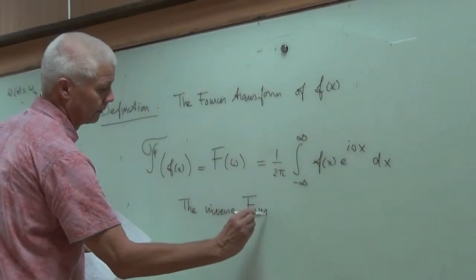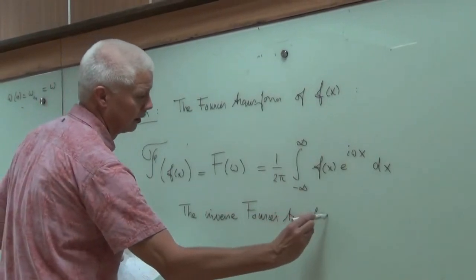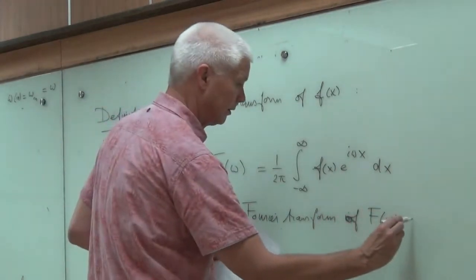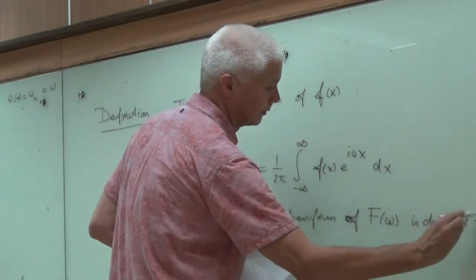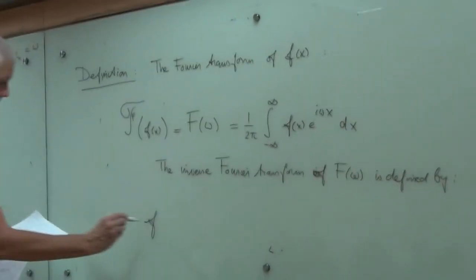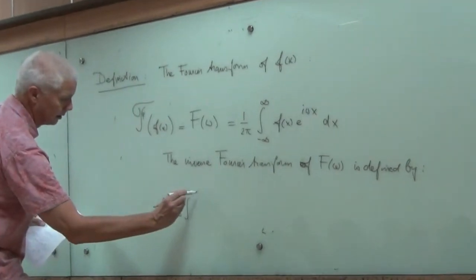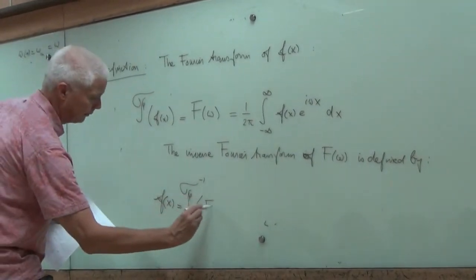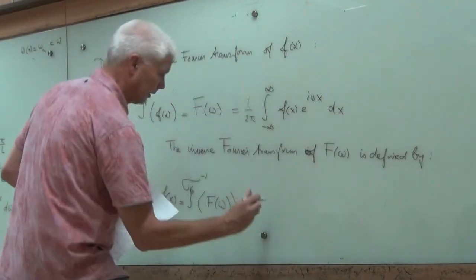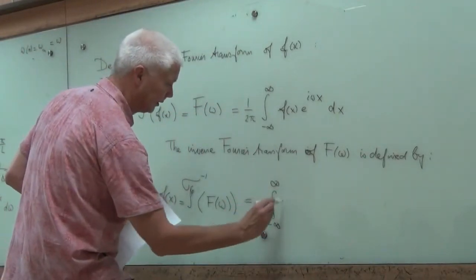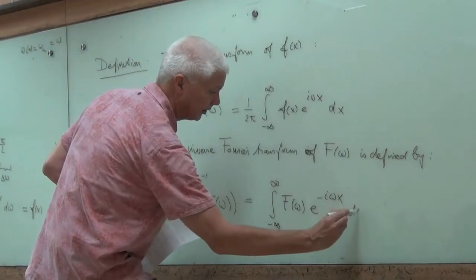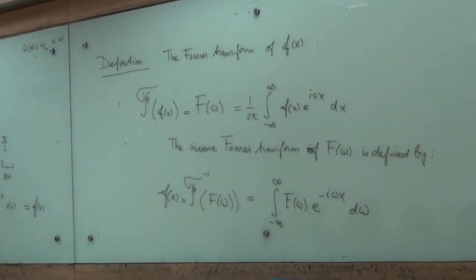The inverse Fourier transform of F(omega) is defined by f(x) is F minus 1 of F(omega), and that's defined to be the integral from minus infinity to plus infinity F(omega) e to the power minus i omega x d omega.